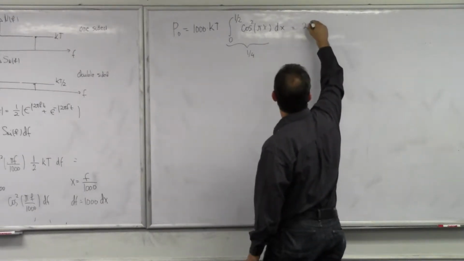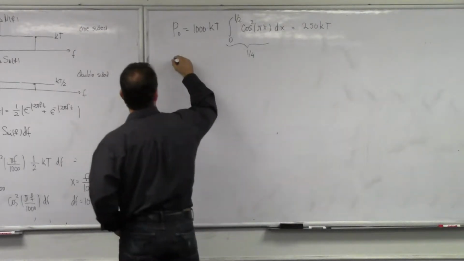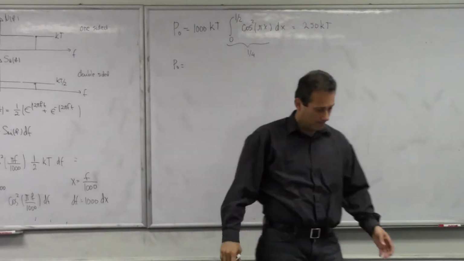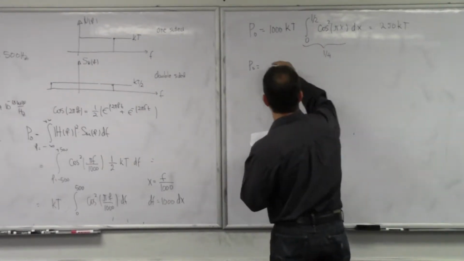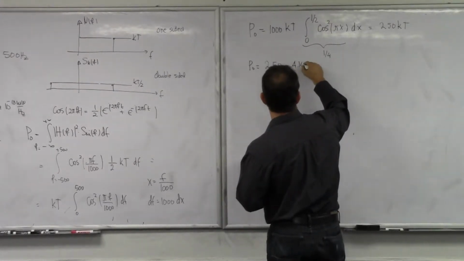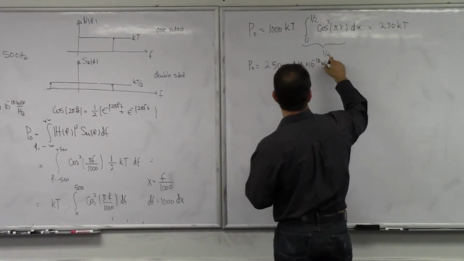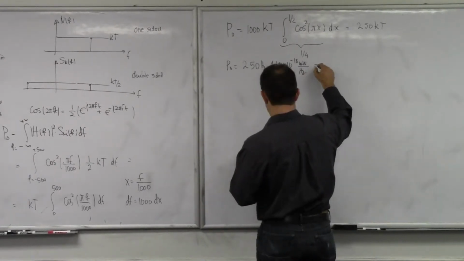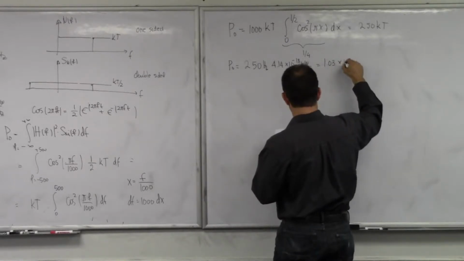So this is 250 kT, or 4 times 10 to the minus 18. So this is 250 times 4 times 10 to the minus 18 milliwatts, and this is hertz divided by hertz here.